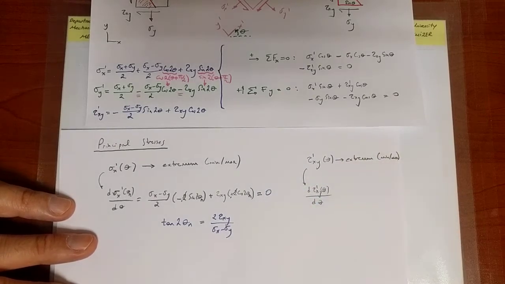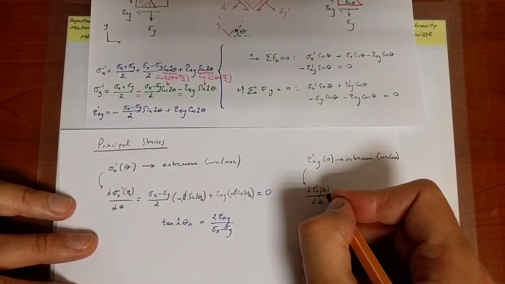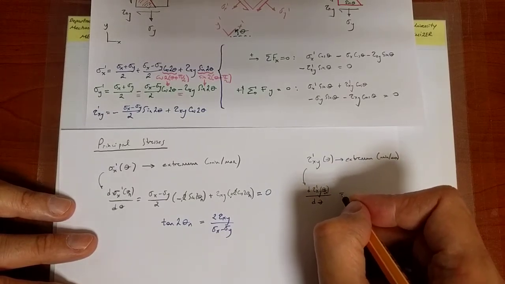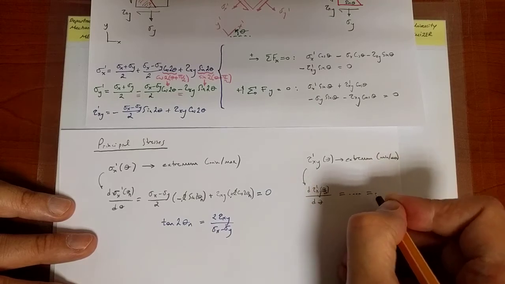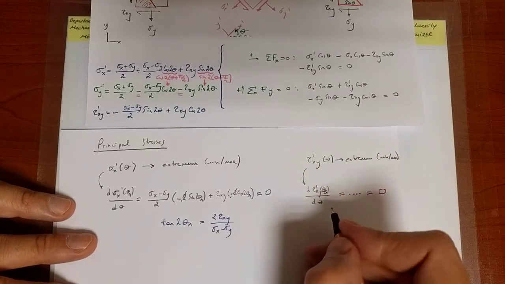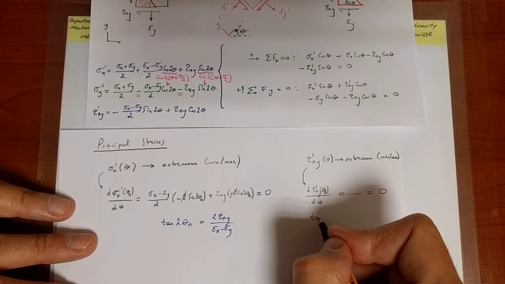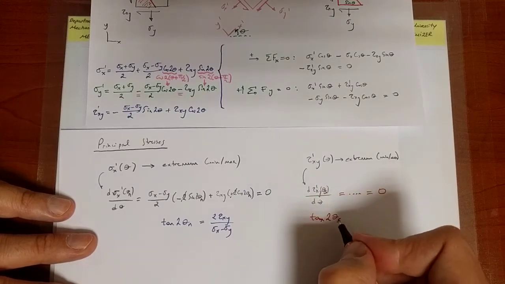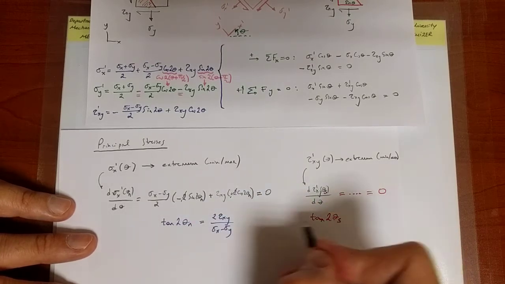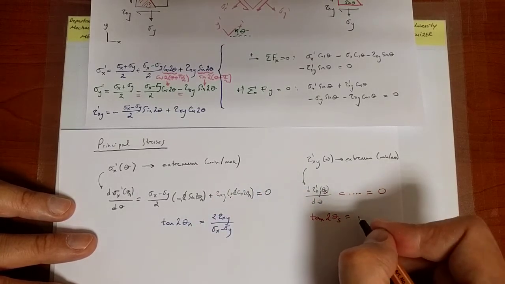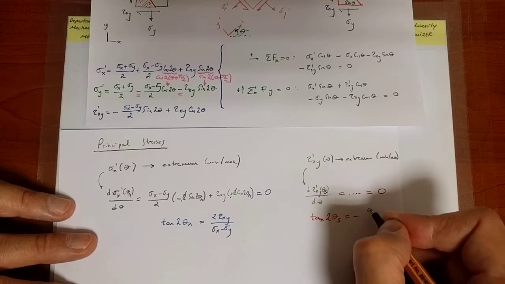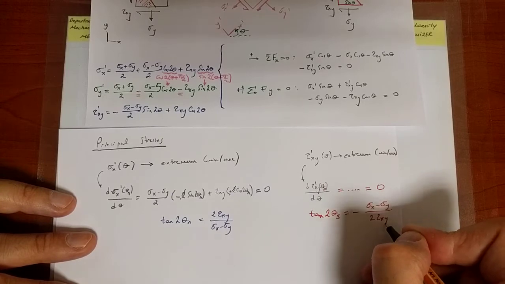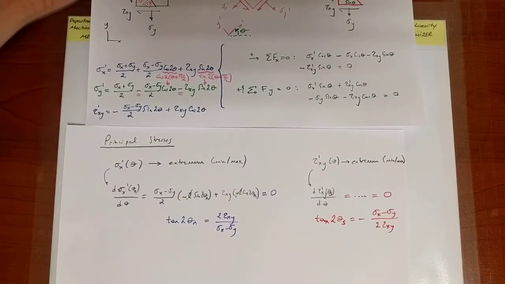That is not necessarily equal to 0, but among all values there is a special value, let's call it theta s, such that this is equal to 0. Calculate what that expression is, and you will get a result that tells you that tangent 2 theta s, this time an angle that is different obviously from theta n, is equal to minus sigma x minus sigma y divided by 2 tau xy. Okay, good.